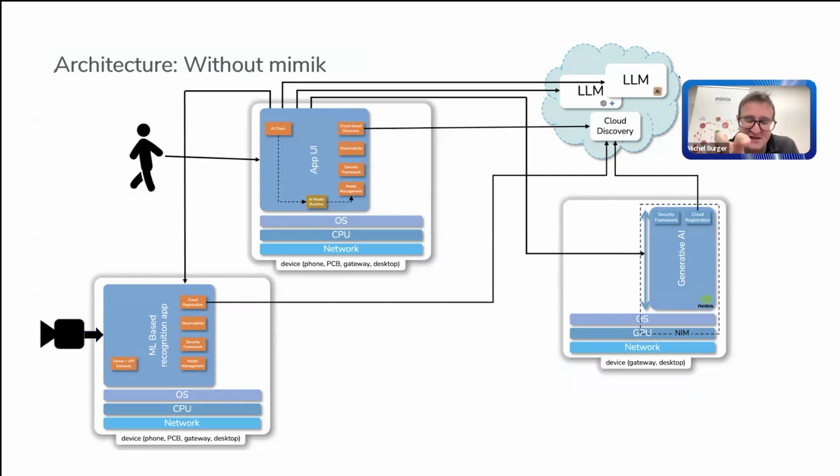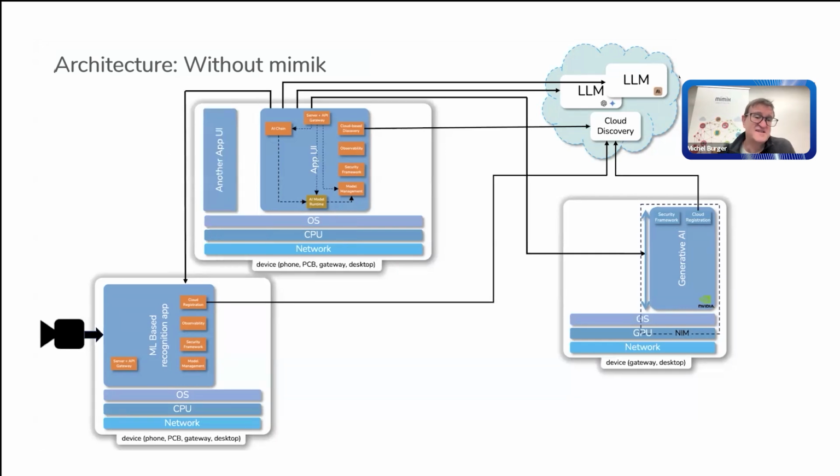So all of this will need to be done for each app UI: AI chain, AI runtime model, model management, security framework, observability, and cloud-based discovery.